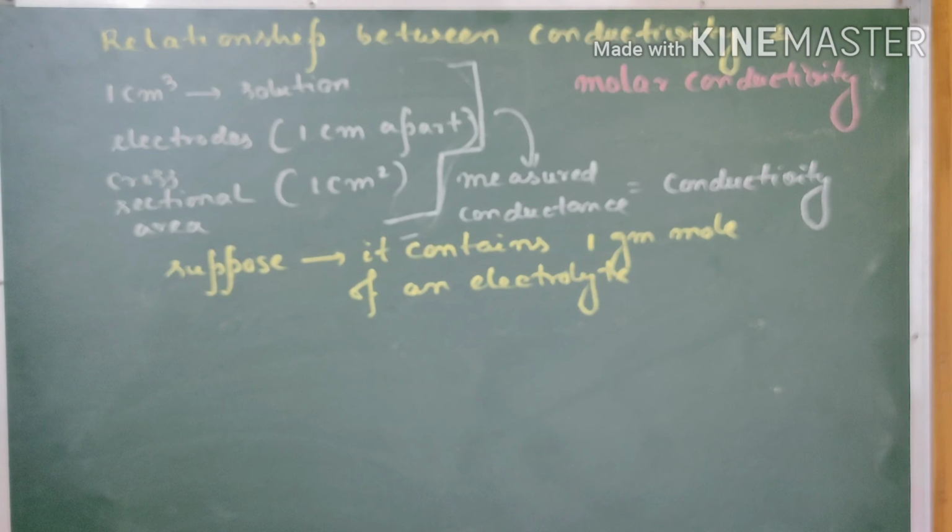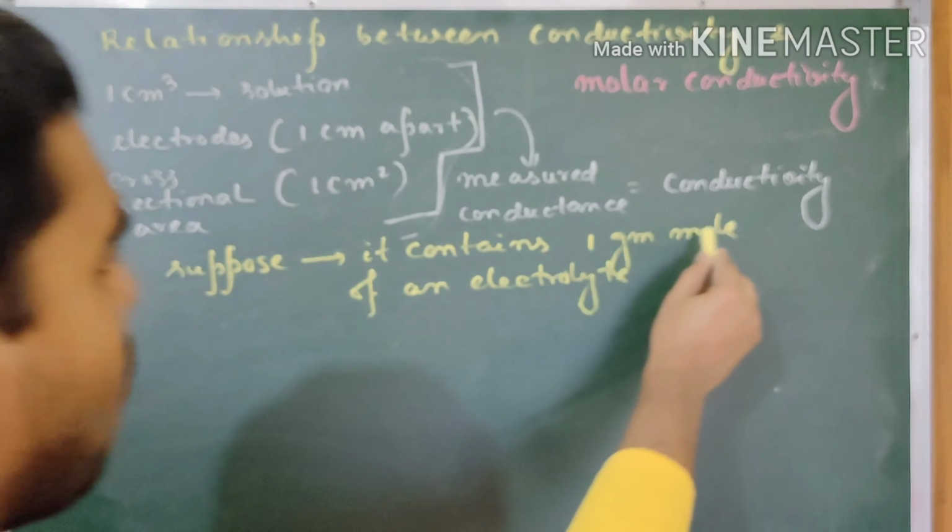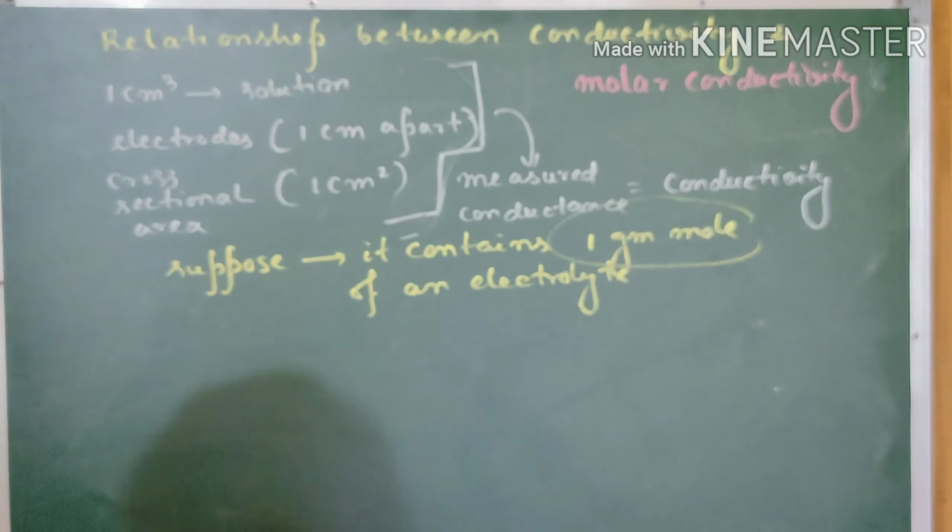So we know here also, if the solution contains 1 gram mole of an electrolyte placed between two parallel electrodes of 1 square centimeter cross-sectional area and 1 centimeter apart, then that is also the molar conductivity. If it has 1 gram mole of an electrolyte and we measure the conductivity, it should be the molar conductivity also.